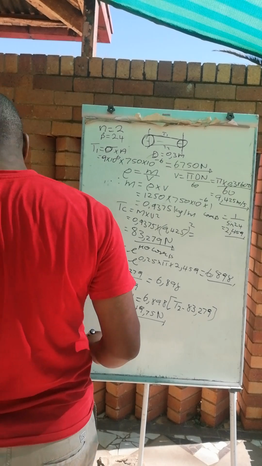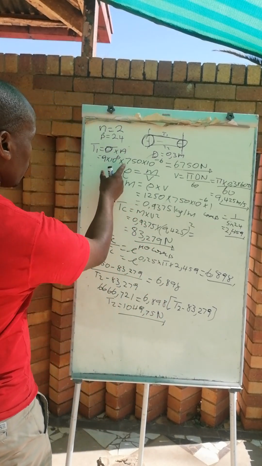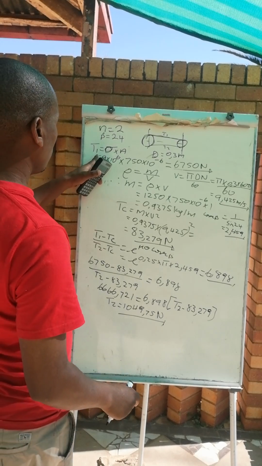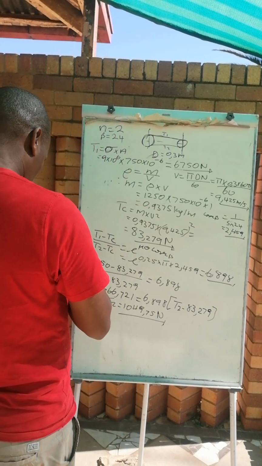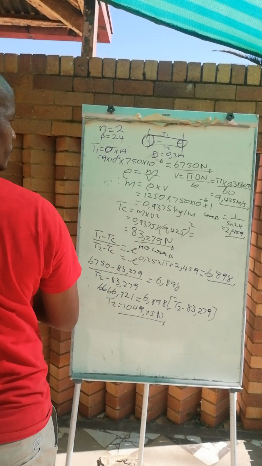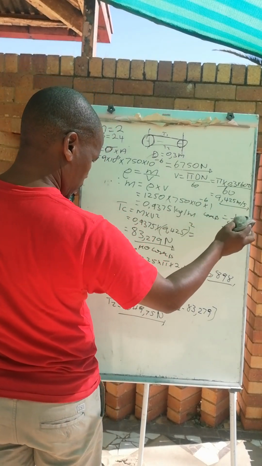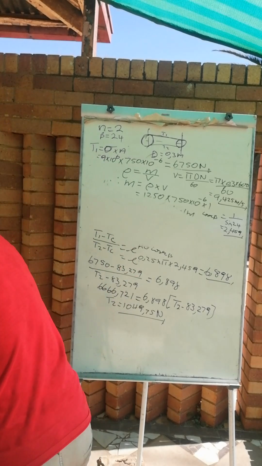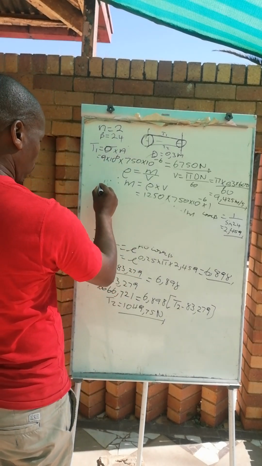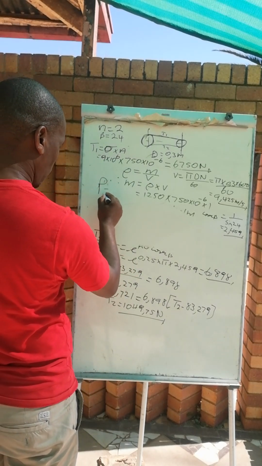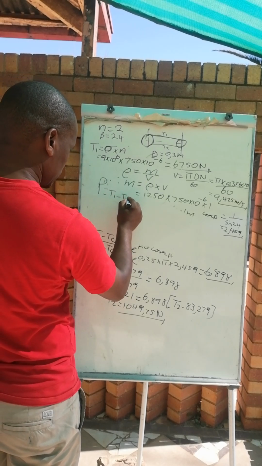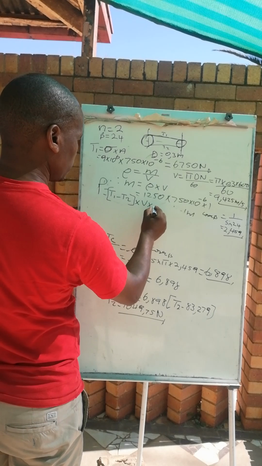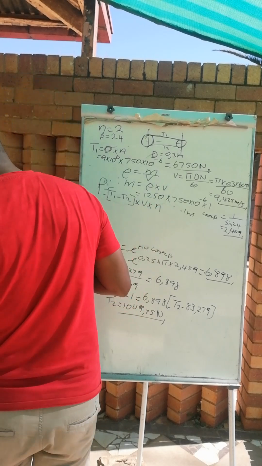But we are requested to calculate the power delivered. We've got this, we've got that, we've got the velocity, we've got the number of V belts. Therefore, the power is equal to T1 minus T2 multiplied by velocity multiplied by the number of V belts.